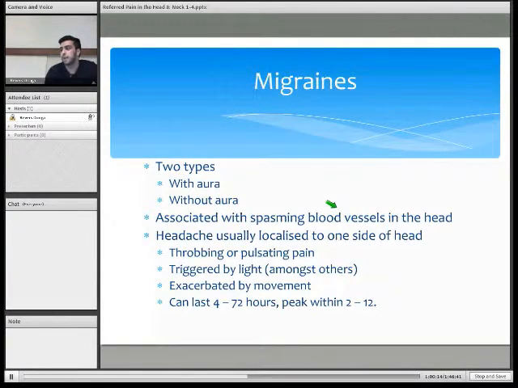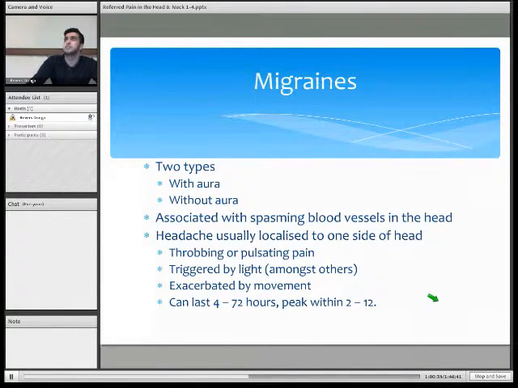The actual headache is possibly caused by spasming blood vessels, which is very similar to sphenopalatine ganglion neuralgia. The headache is usually localized on one side of the head. It can last for a few days, but like I said, the mechanism is not very well understood.